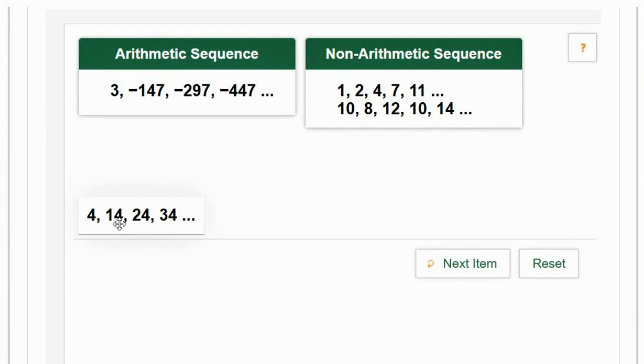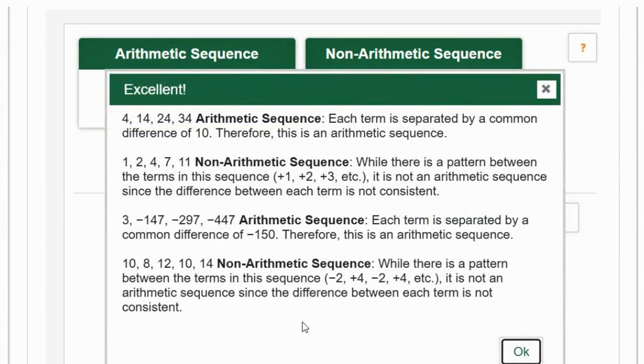How about this one? This is probably one of the easiest examples we're looking at. 4, 14, 24, 34. I think that one we can pretty clearly see. It's just adding 10 every time. Definitely an arithmetic sequence. Great job. The last one we did just adds 10. That's the common difference.